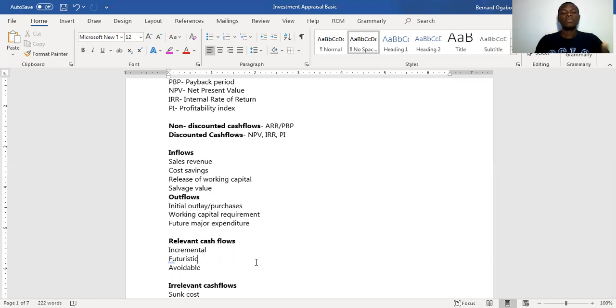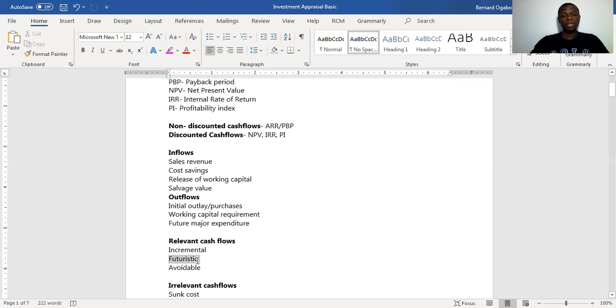It's not what I have already invested in the past while the business is ongoing. It is what I am going to spend in addition to what I have done before, probably to make the company more efficient. The cash flow must be futuristic.